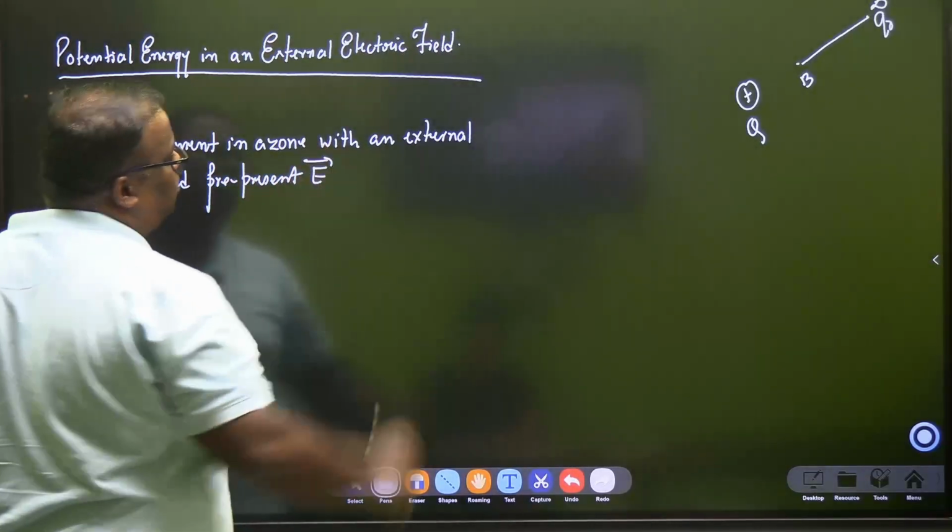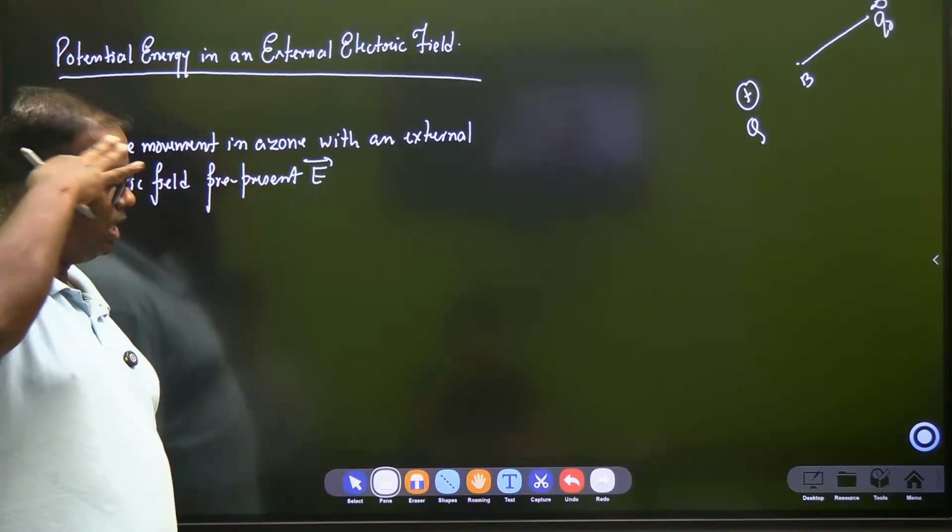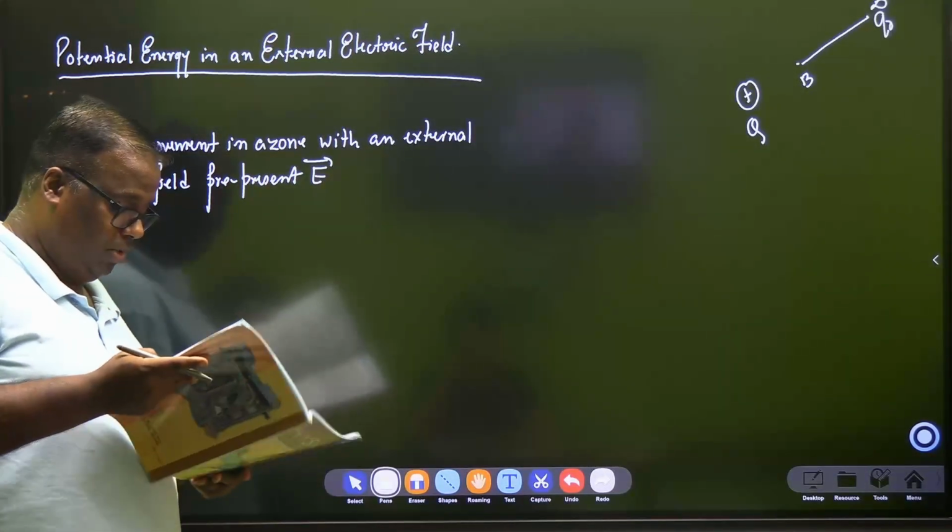And we will not be bothered about which charge is producing this field. The zone where I am moving my charge has this electric field already present.